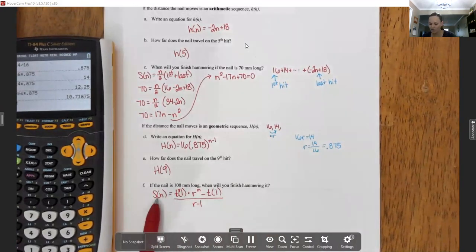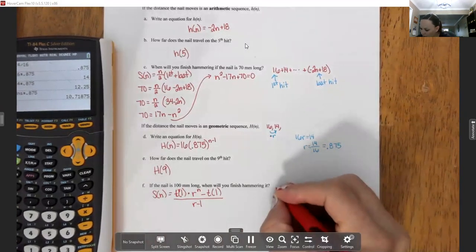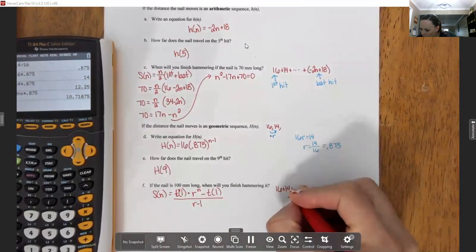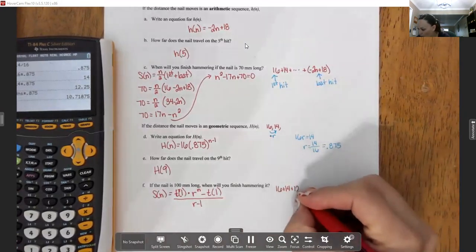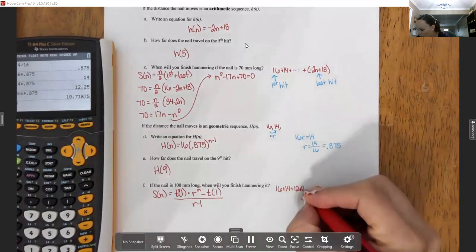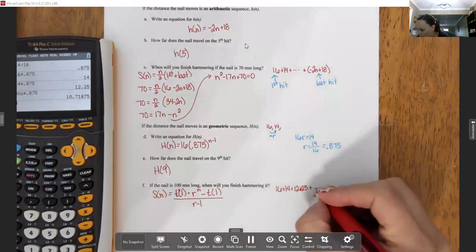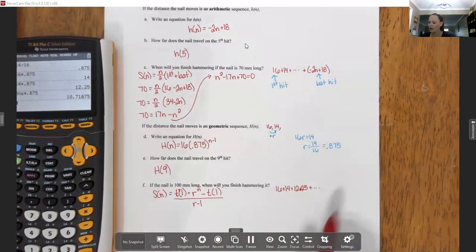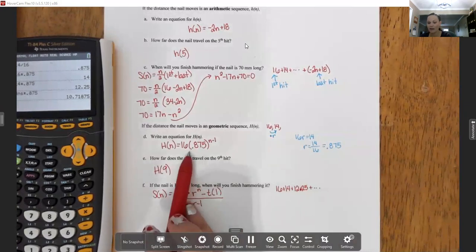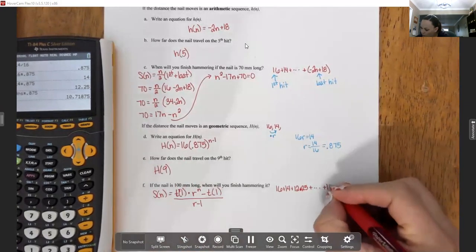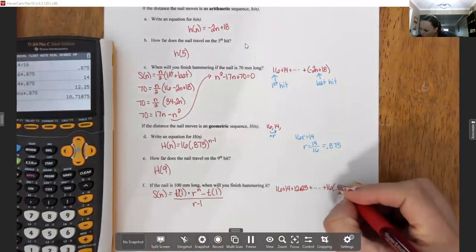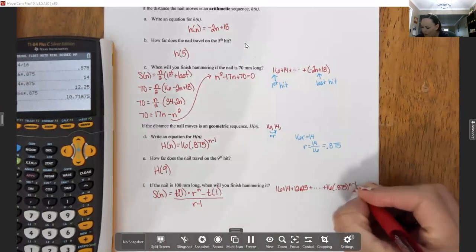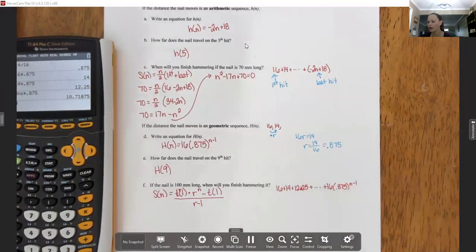So that's just the formula for a geometric series. So remember, this one is 16 plus 14 plus 12.25 plus ... We want to know, and the last term would just be this. We don't need the last term here, but I'm just saying this is what it would look like.